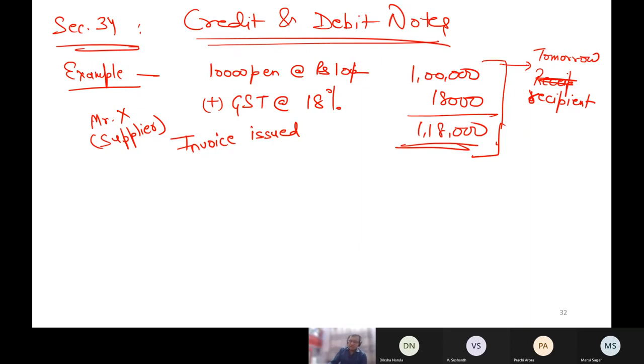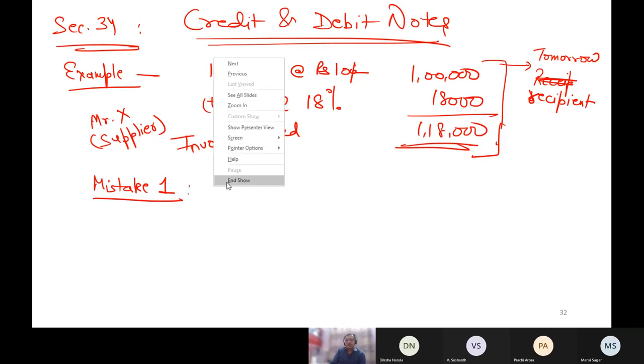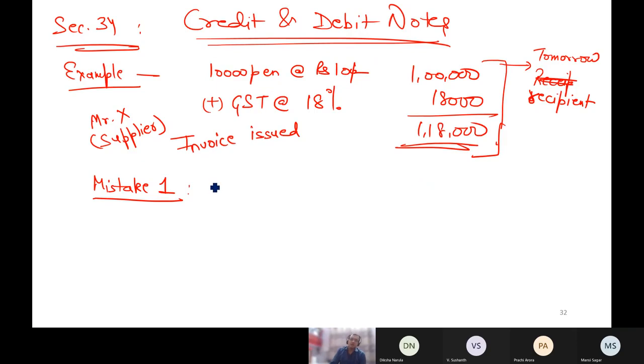But don't you think that mistakes can also happen? What mistake can happen in such a case? Or not in such a case, in any case, what type of mistake can happen? Can you tell me what mistake I might have done? Or anyone can make a mistake. Mistake one is excess value is shown.